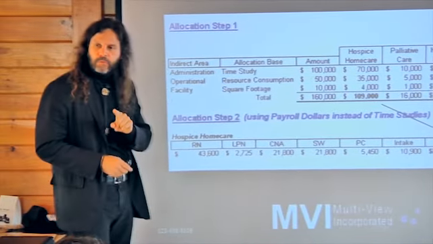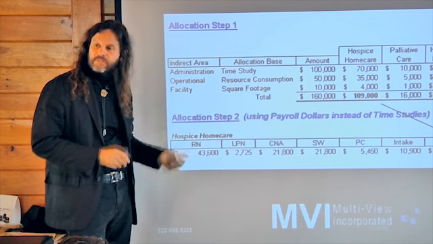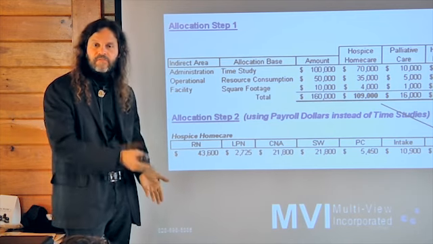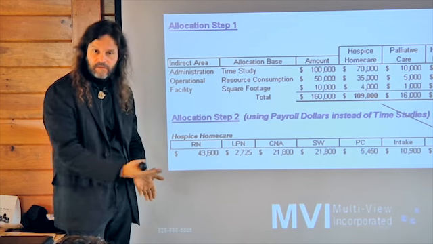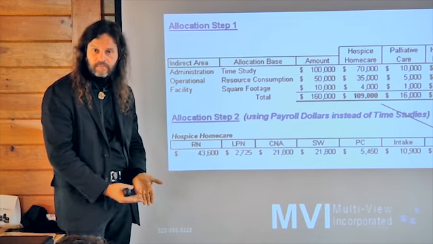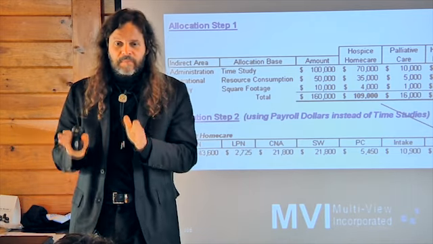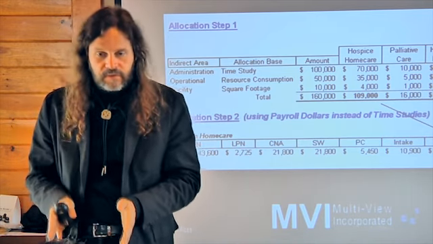Again, in the multi-view world, we take 50 specific areas of indirect costs and allocate them on various allocation bases that seem appropriate. These could be based on time studies. Some things could be based on square footage.